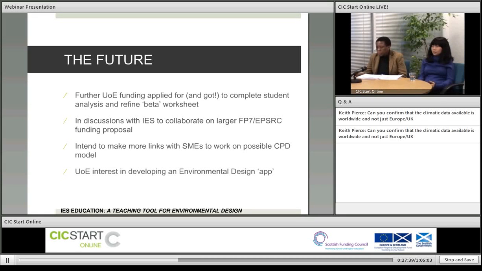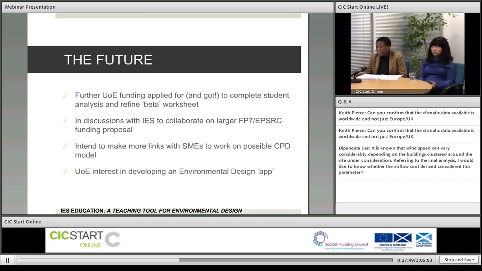So we hope to also explore our links with SMEs, possibly Archial, who we've been in touch with. But the University of Edinburgh has also expressed an interest in possibly developing an environmental design app of some sort. That, again, will be done in collaboration with IES.